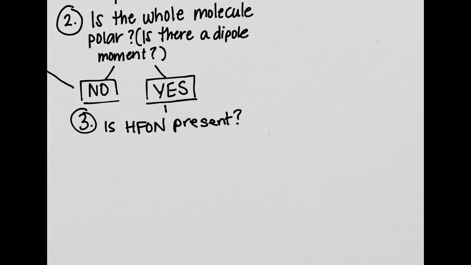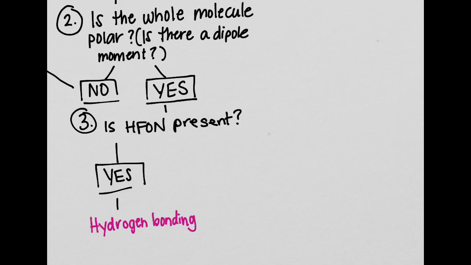H-F-O-N. All right? If I have hydrogen and fluorine, oxygen, or nitrogen, then I have hydrogen bonding. So if there's hydrogen and fluorine, oxygen, or nitrogen on my molecule, then I have the possibility for hydrogen bonding. If not, then the only kind of force I'm dealing with is dipole-dipole forces.